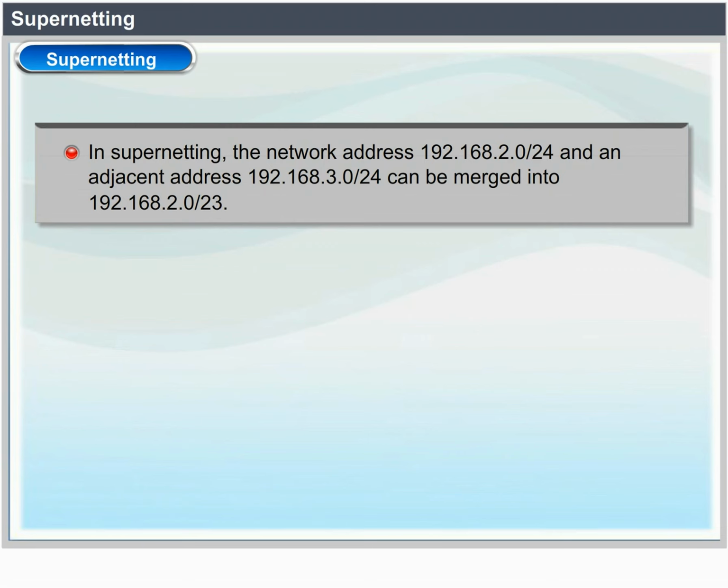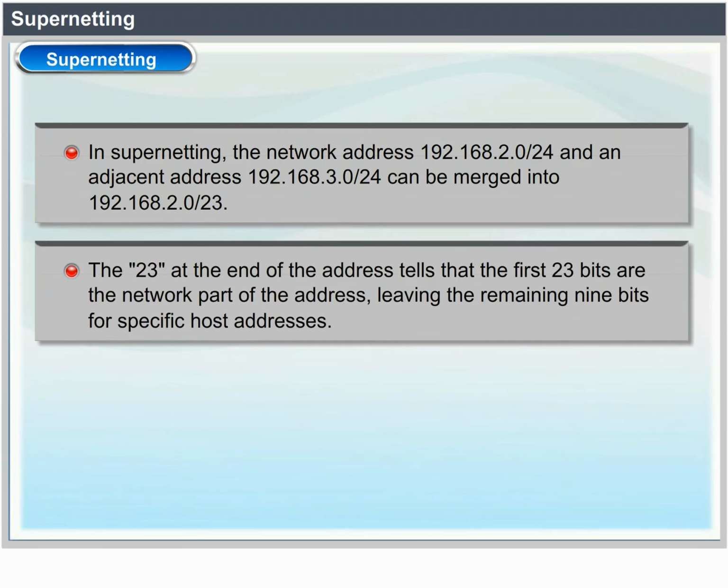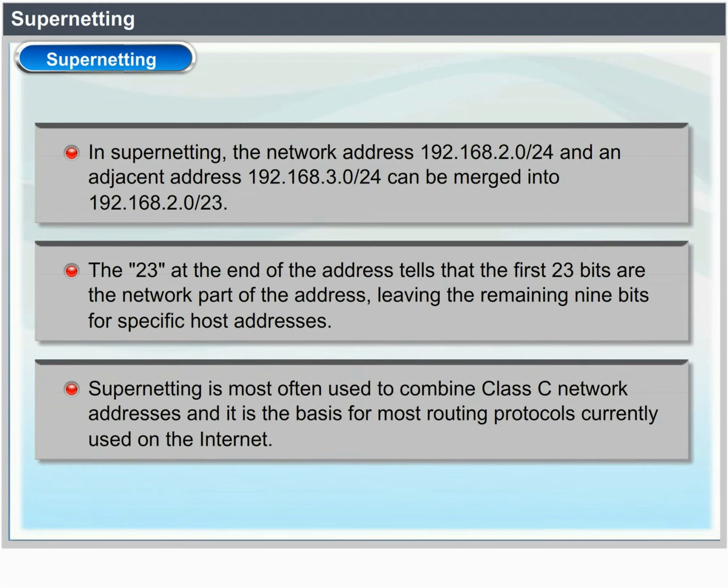The 23 at the end of the address says that the first 23 bits are the network part of the address, leaving the remaining 9 bits for specific host addresses. Supernetting is most often used to combine Class C network addresses and is the basis of most routing protocols currently used on the Internet.